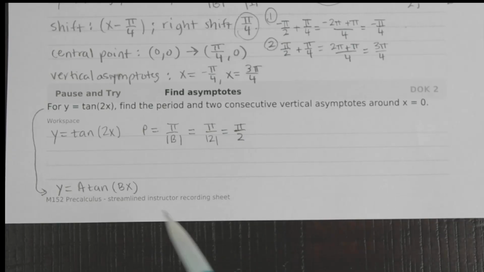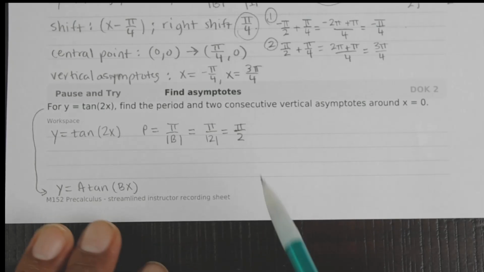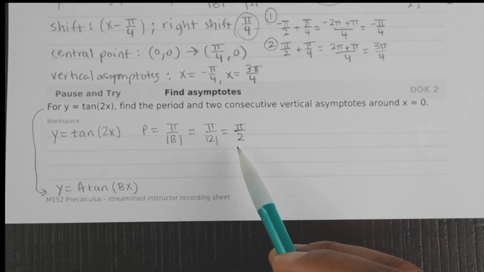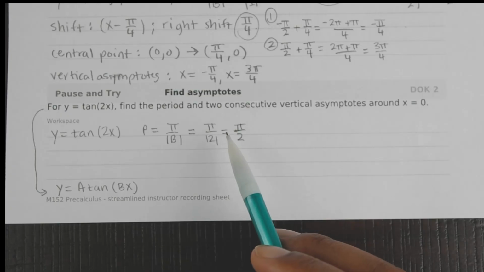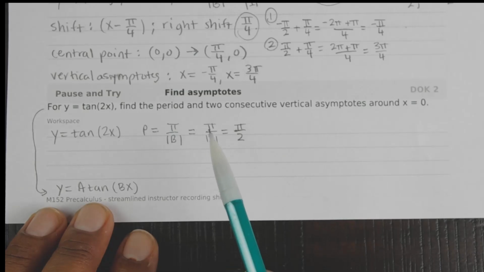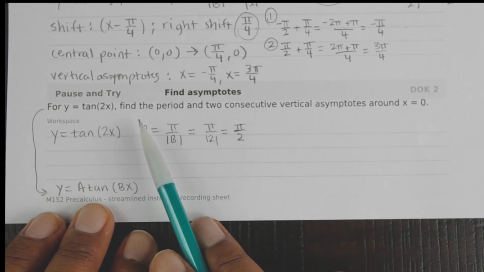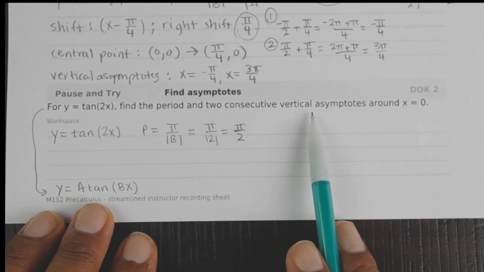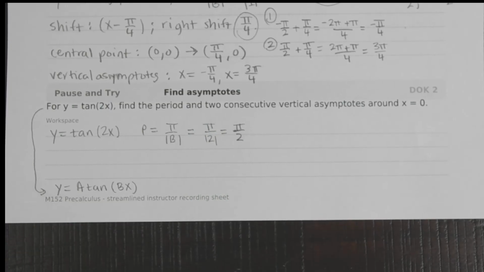Just recall that from the previous lectures. So we got the period, and now we need to move on to the vertical asymptotes, because we had to find the period and then two consecutive vertical asymptotes around x equals 0.